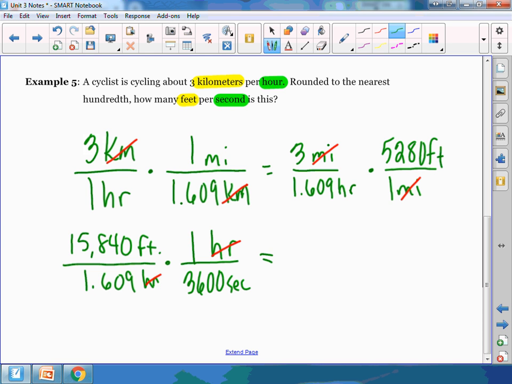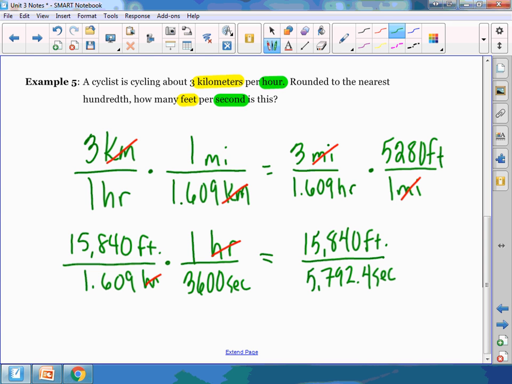And we're finally at that point. If you multiply straight across, you get 15,840 feet. And what's 1.609 times 3,600? Brooke, you have it? .4, and that would be seconds. So now we have feet and seconds. Great.